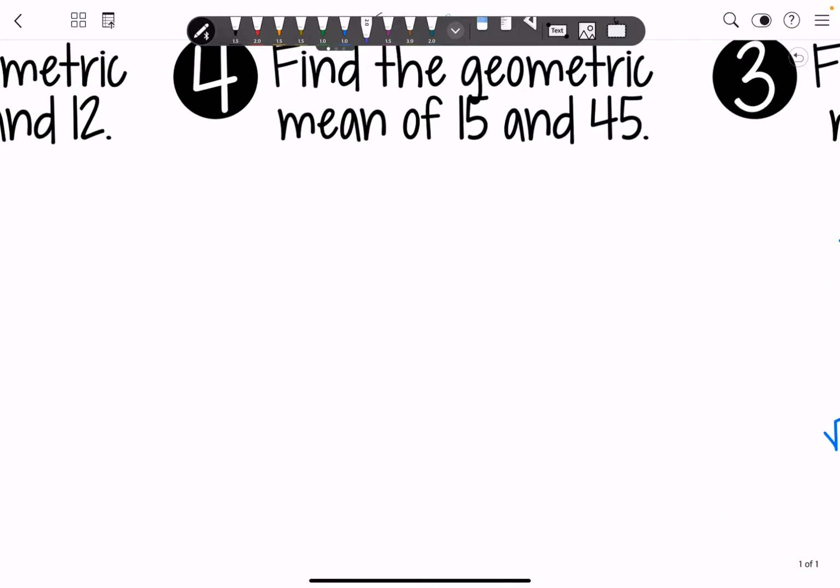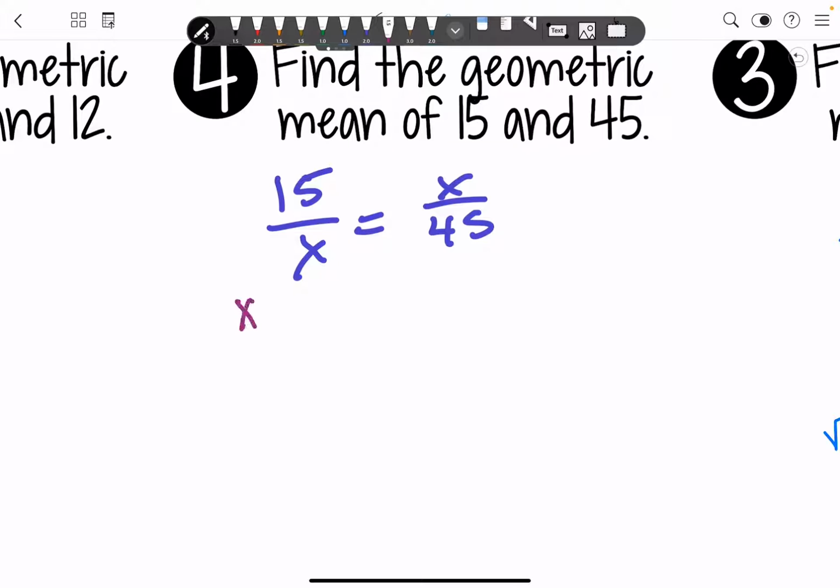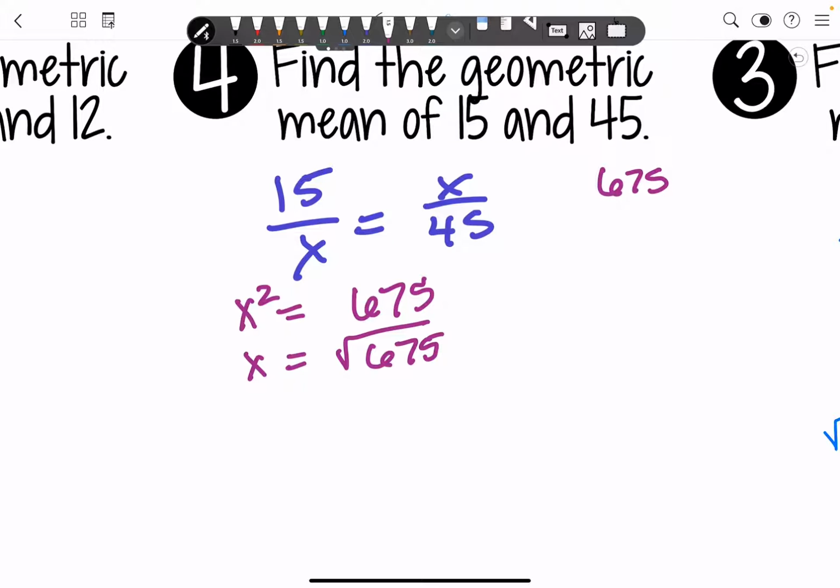When you cross multiply, you get x squared is equal to 15 times 45, which is 675. And x is going to equal the square root of 675. That's a lot of numbers. I know that I can divide it by 25, though, and 25 is a perfect square. So it's the square root of 25 and 27.